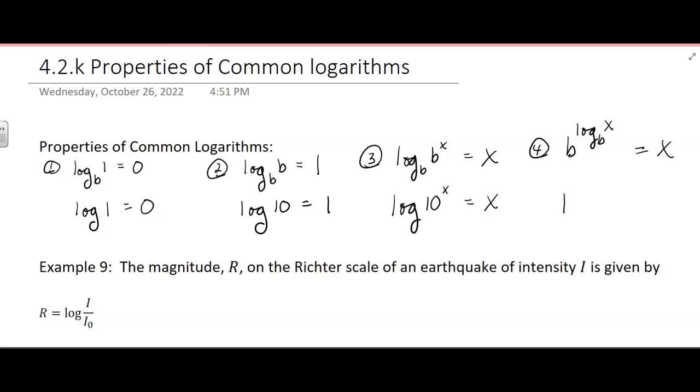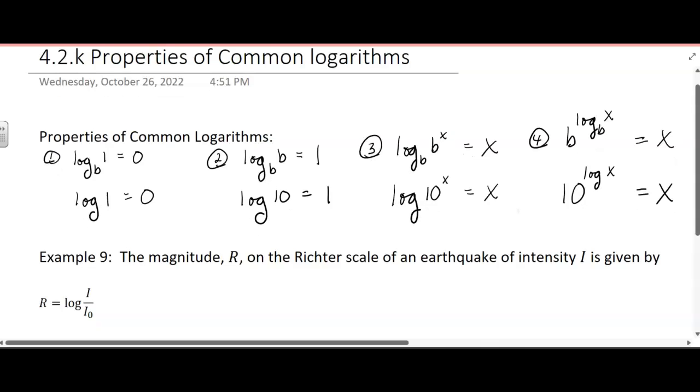So in the world of common logs, it would be 10 to the log x, and you wouldn't have a subscript there because it's understood, and that would just equal x. So those are all the properties if we have a base 10, the common logarithms. Probably not too earth-shattering.